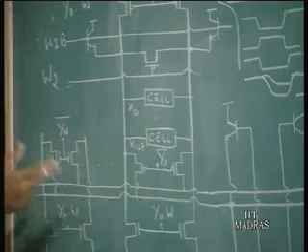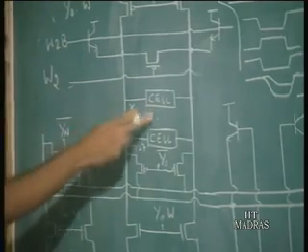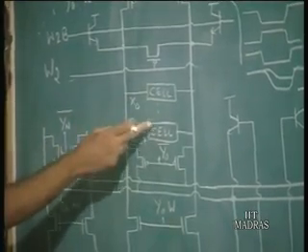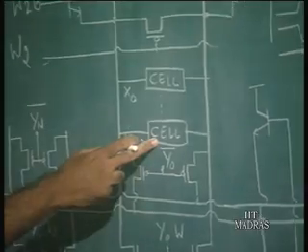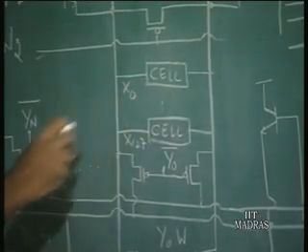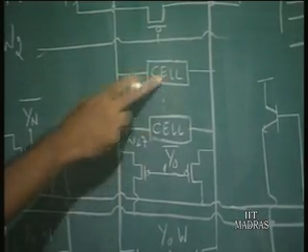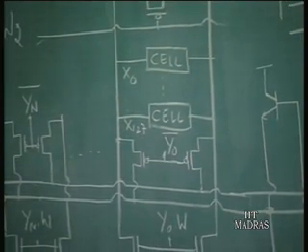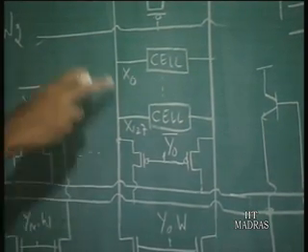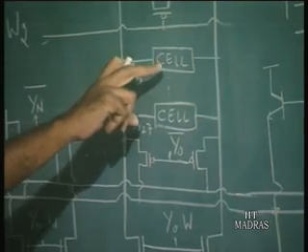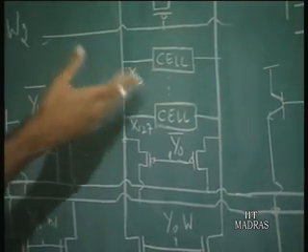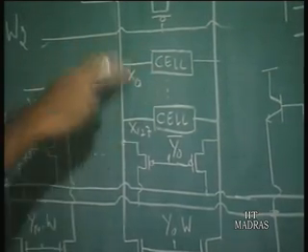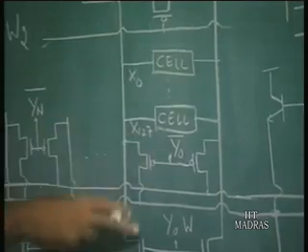This is again the 4 transistor 2 resistance cell which we have already discussed. If you have 2 to the power 7 cells per column, there must be 2 to the power 11 columns. So you have a particular decoder, a 7 to 128 decoder, which selects one cell in each of these columns.